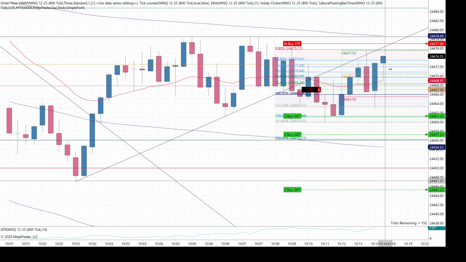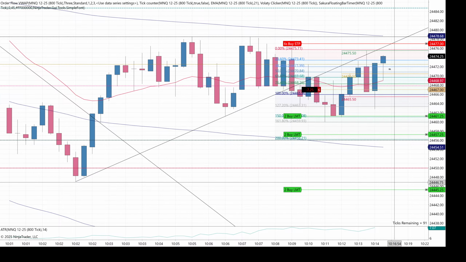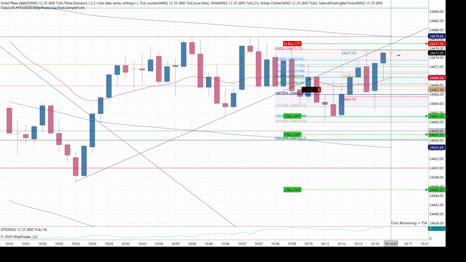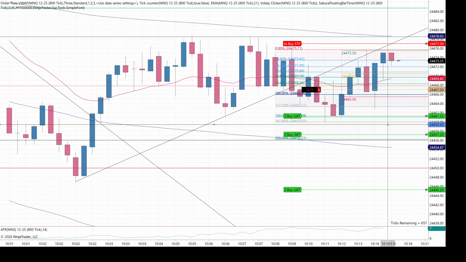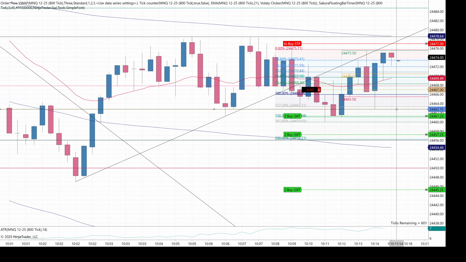Probably going to be a stop loss. Unless we get some sellers here to defend.